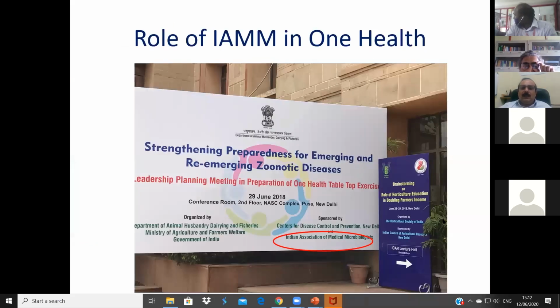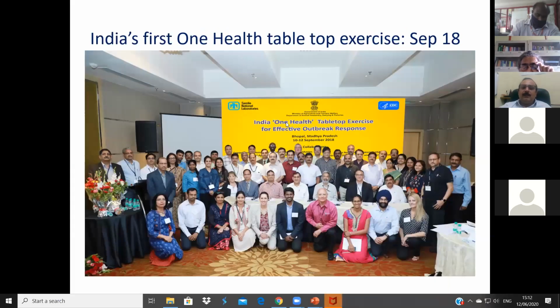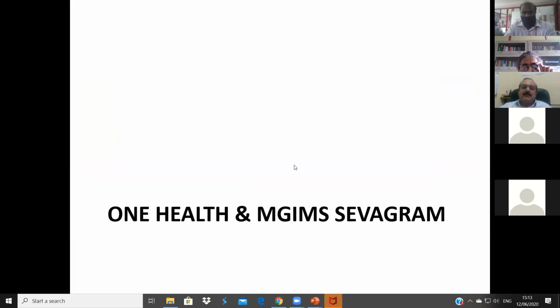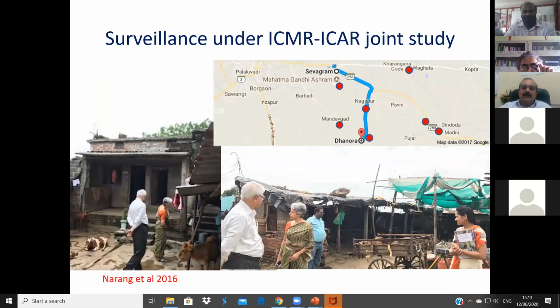And then we also had a meeting between different partners for strengthening preparedness for emerging and re-emerging zoonotic diseases. That was in 2018. And then we also conducted a tabletop exercise on One Health, again in 2018. India had a One Health Summit in 2018. So from 2016, 17 onwards, people have been talking about One Health and various diseases.